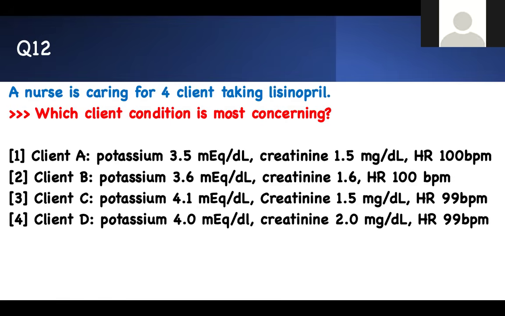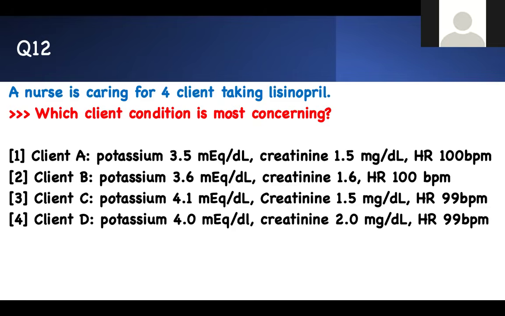Client A has potassium 3.5, client B has 3.6, client C 4.1, and client D 4. The creatinines are different. Whoever has higher creatinine is the one you should worry about, unless the potassium is already high. But the highest potassium I see is 4.1.